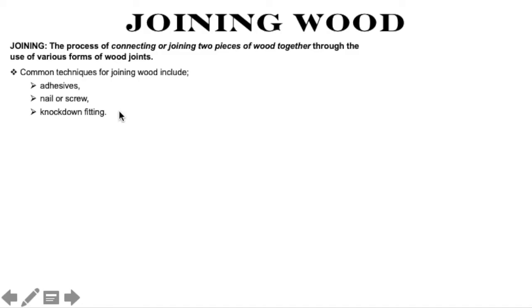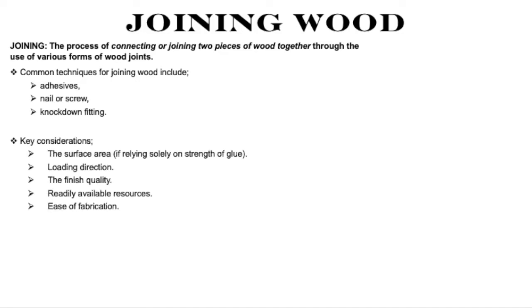There is plenty, so it's important to know which type is suitable for what application. And then the knockdown fittings, these are the ones where you don't use either the screws or the adhesives, but it's more of the two pieces being snug tightly and just slotting into place.